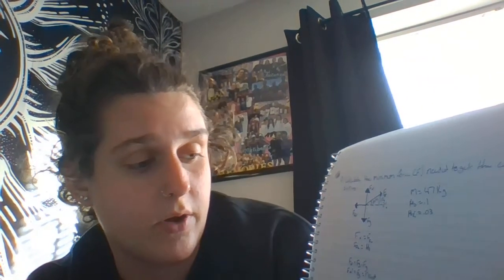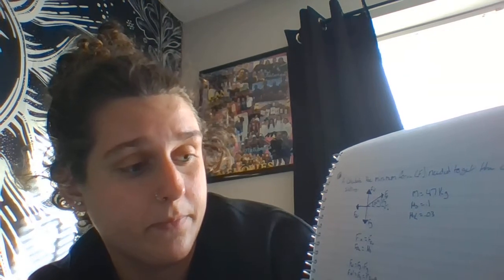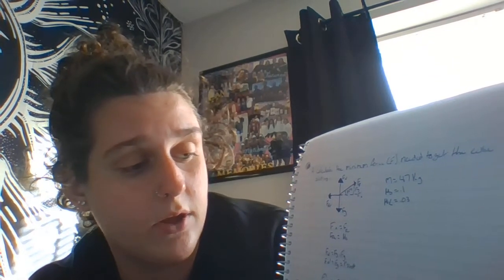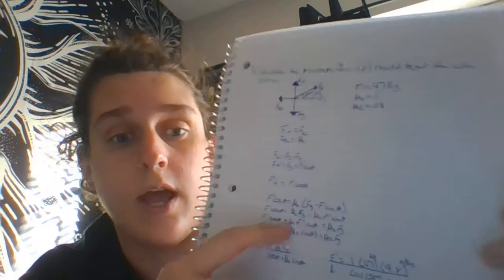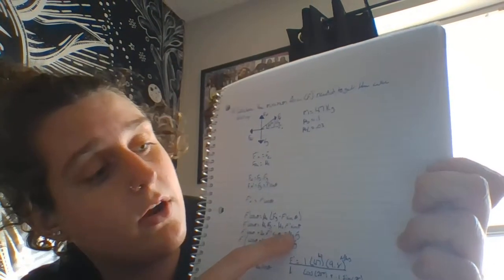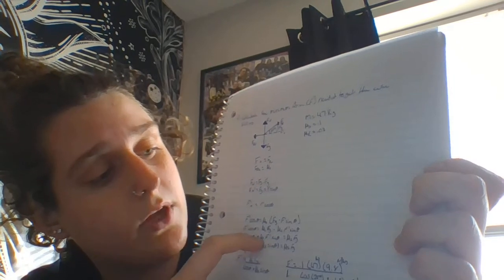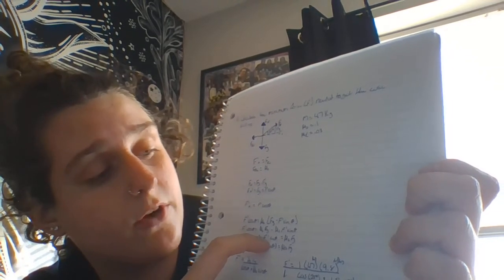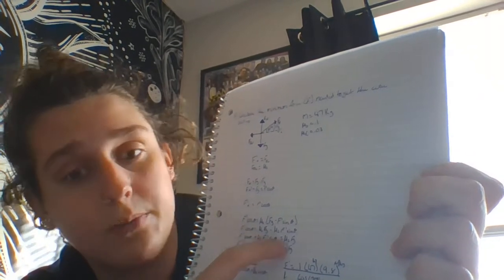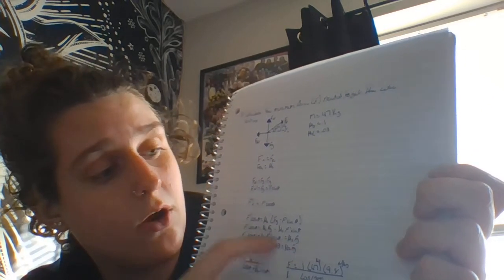Then we're going to multiply the coefficient of static friction out into there, and then we're going to add mu sub S times F prime sine of theta over to the other side.